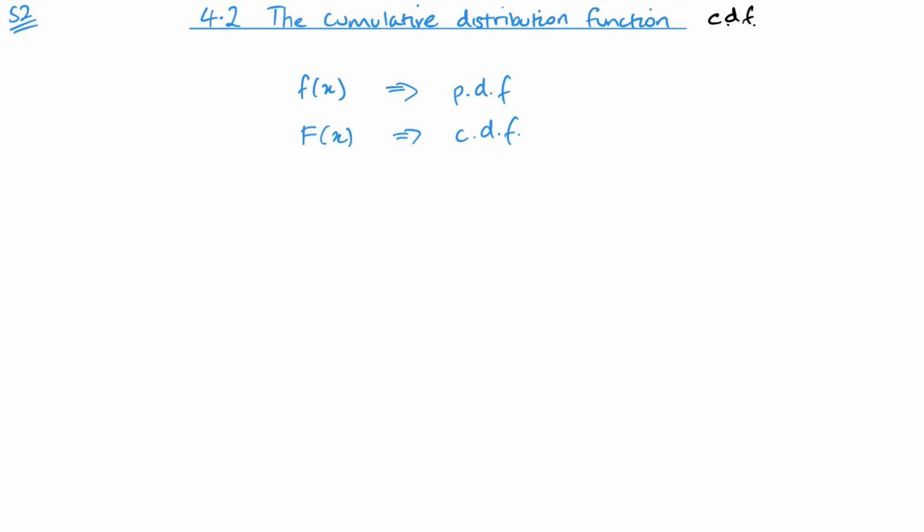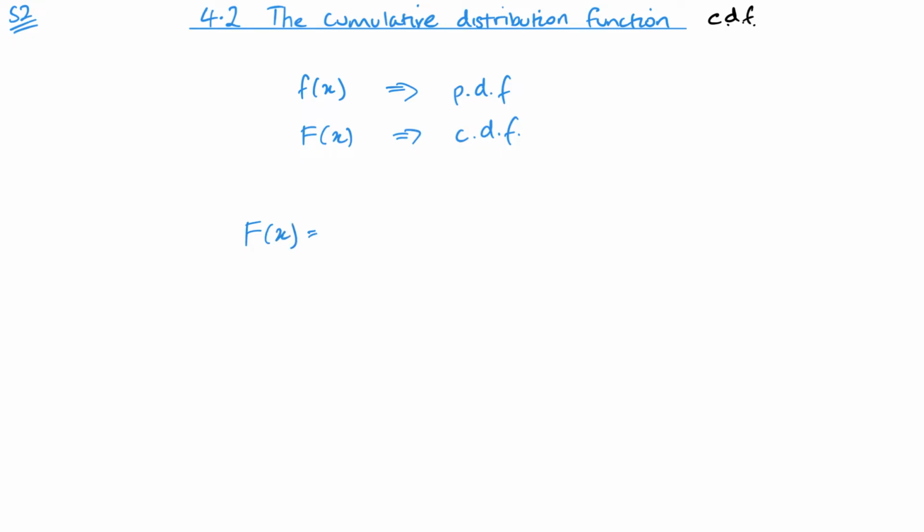So our p.d.f is a small or lowercase f, and our c.d.f is a capital or uppercase F. And that's how you'll spot them when you're doing these kind of questions and you start looking at problems. Okay, it's about that little f and the capital F. Very straightforward.